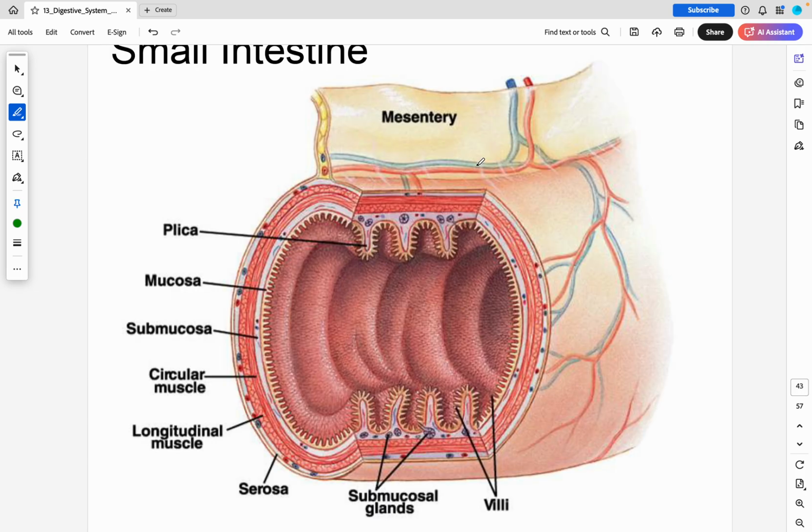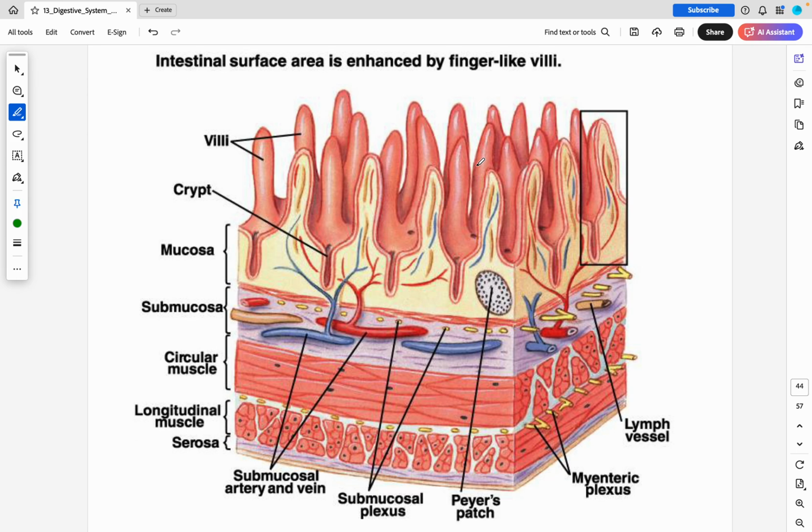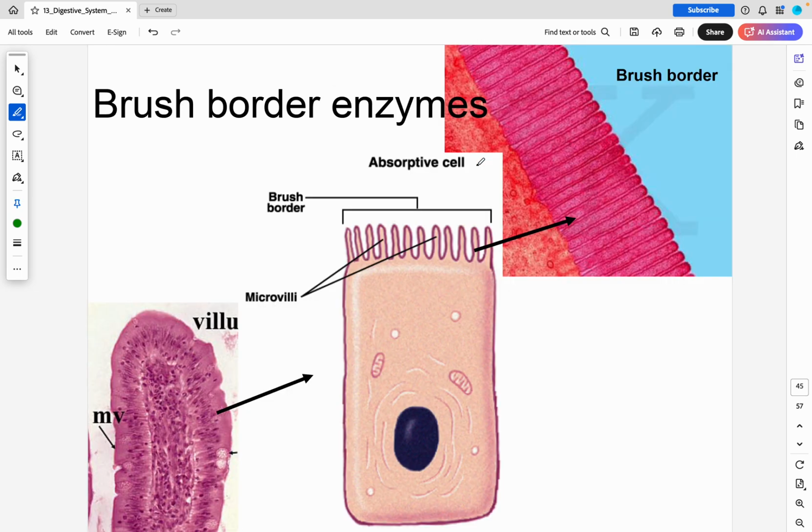Here I mentioned a while ago about villi, and the microvilli that are found within each villus. Here you can see the intestinal surface area possessing villi and the associated structures surrounding it. If you look into each villus, you'll see microvilli, which increase the surface area for absorption.